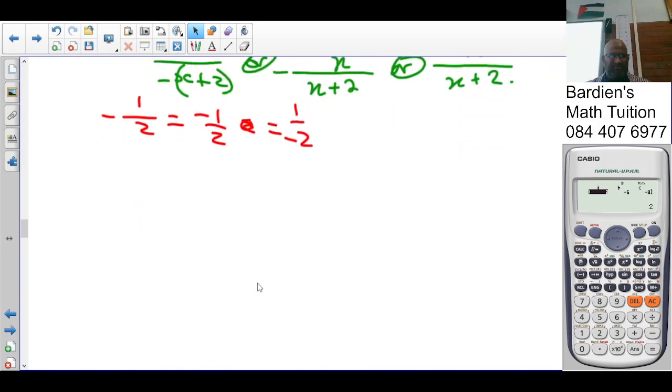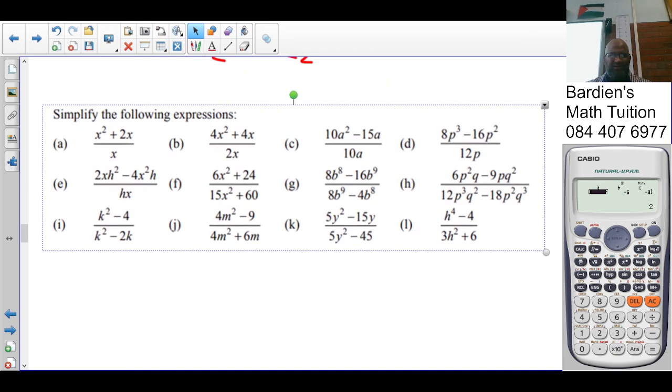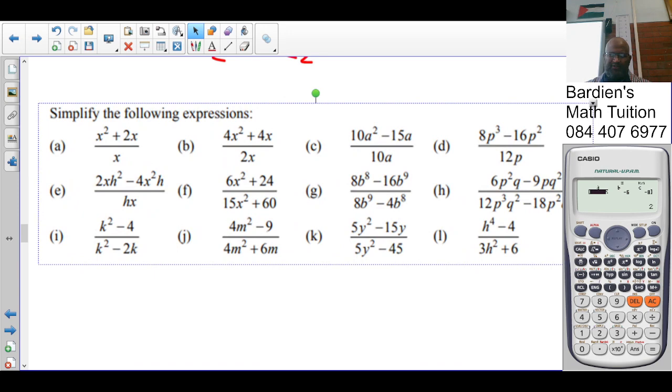The 12 sums here I would like you to do for homework. At this point you can pause the video if needed and take down the sums, okay?